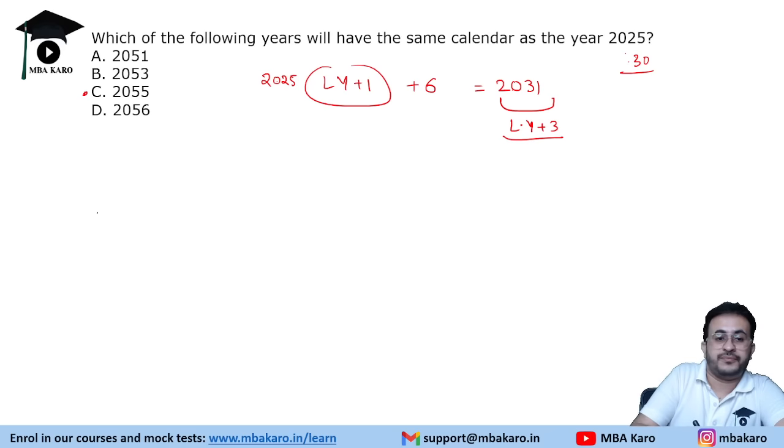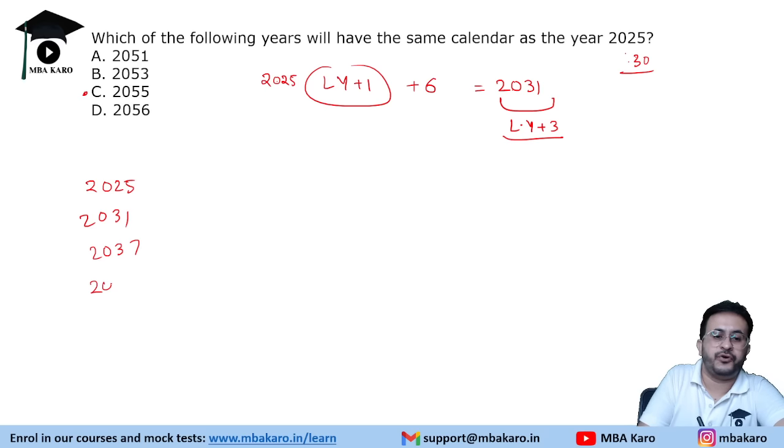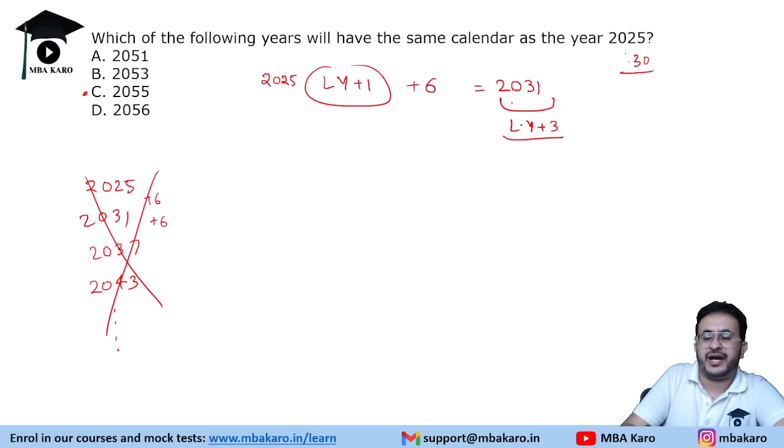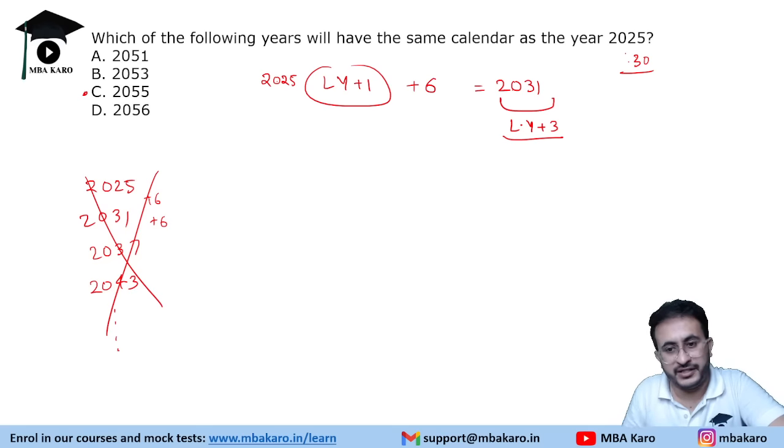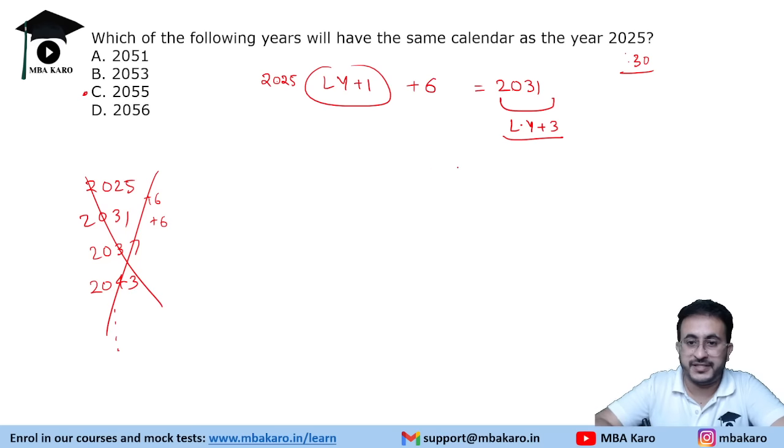Some people might do 2025, 2031, 2037, 2043 like this, saying it will repeat in 6 years. That is wrong. Why? Because when you add 6 to it, it becomes 2031, which is leap year plus 3 format. So it will repeat after 11 years.